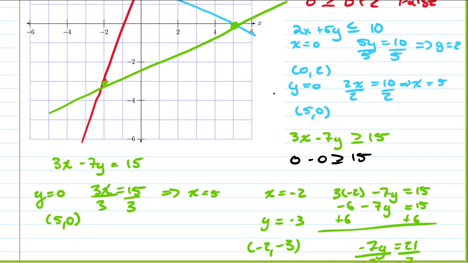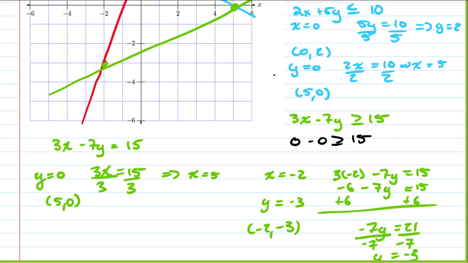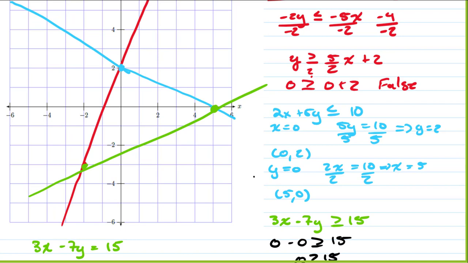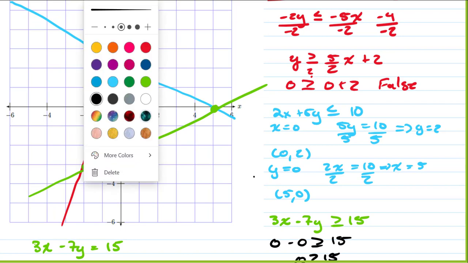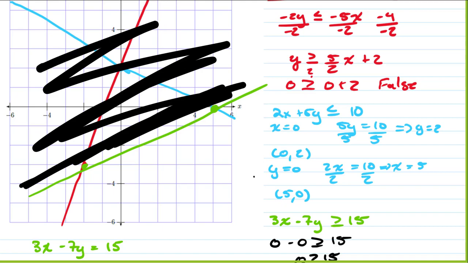Well, is 0 minus 0 bigger than 15? Is 0 bigger than 15? No. So then that says that 0, 0 is not in the solution. So what would I need to do? I shade what I don't want. So that means everything above the green line is gone, right?